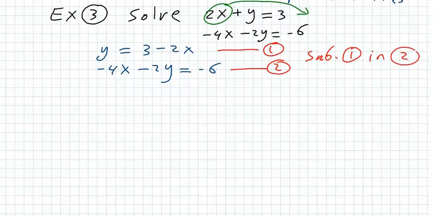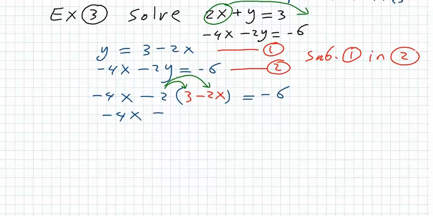So you will have minus 4x minus 2 times y equals minus 6. Instead of y, we will write the value of it, which is 3 minus 2x. Simplify your equation by multiplying and opening brackets. You will have minus 4x minus 6 plus 4x equal to minus 6.